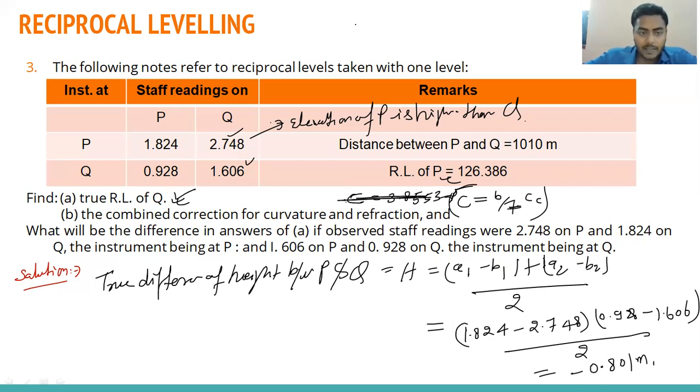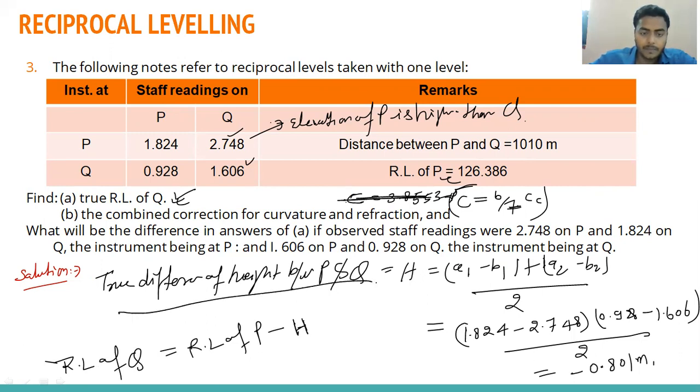Now we can calculate the RL of Q. Since P is higher than Q, we can write RL of P minus H. RL of P is 126.386 meter minus 0.801 meter.